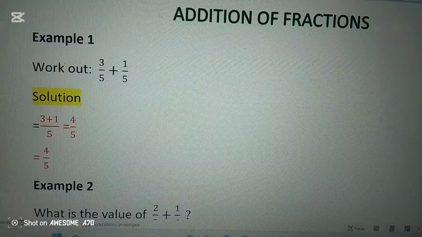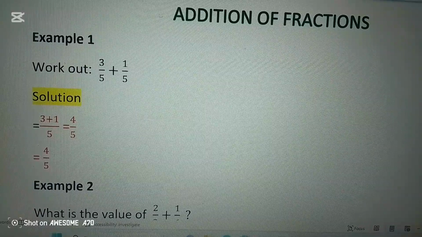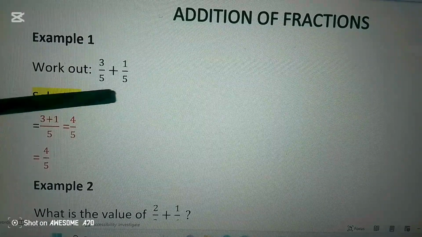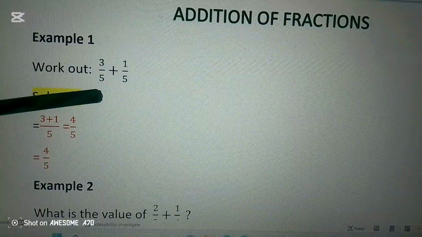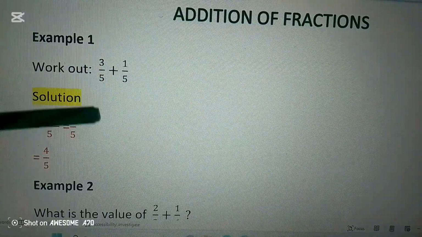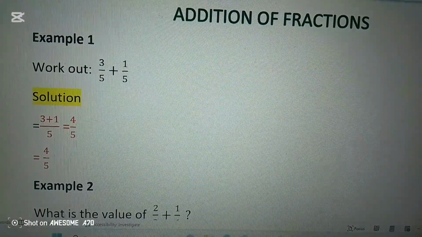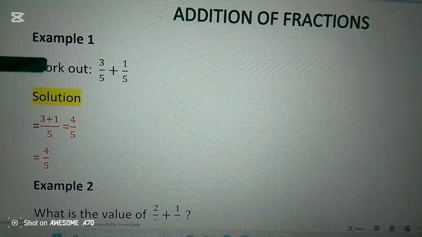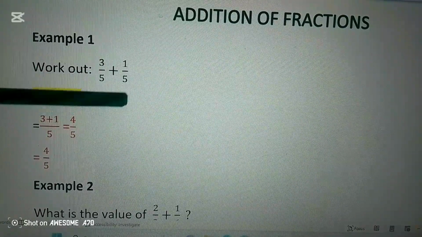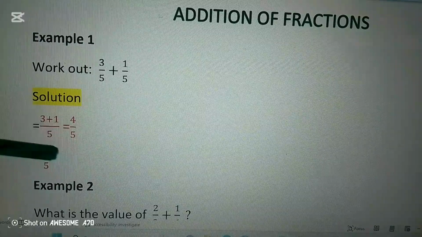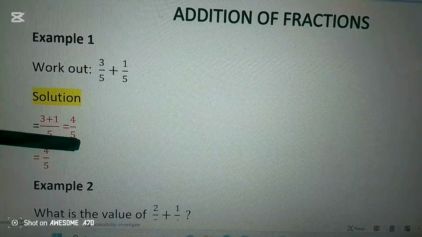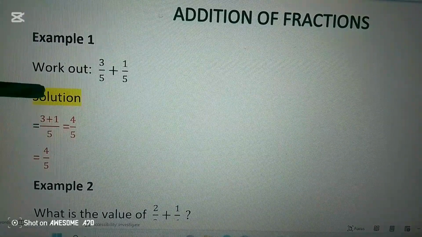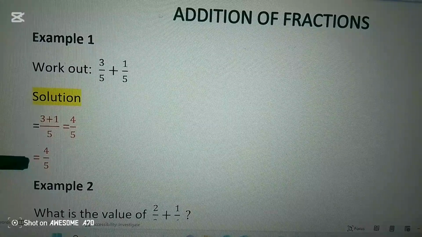So instead of going the long way, just note that the LCM of two common denominators is that number. So we add 3 to 1, and we get 4 over the common denominator, which is 5. So it is 3 plus 1 over 5.